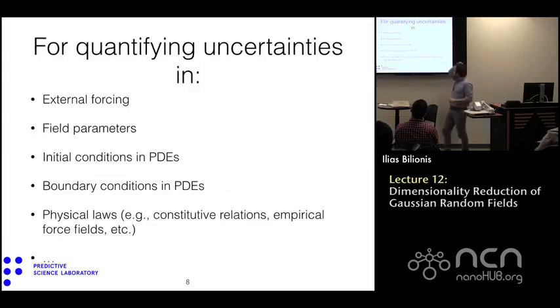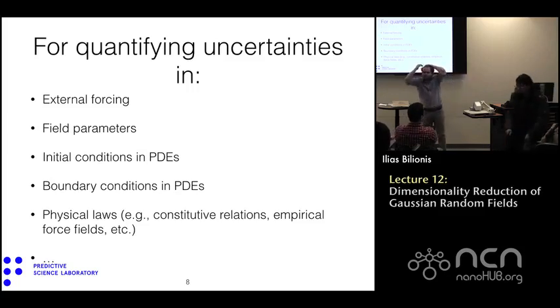Anyway, so to wrap it up, these are some of the functional quantities that you can now model your uncertainty about with Gaussian processes. That will be external forcing to dynamical systems, a function of time that kicks your system. Field parameters like the permeability of the ground or the elastic properties of a material and so forth.